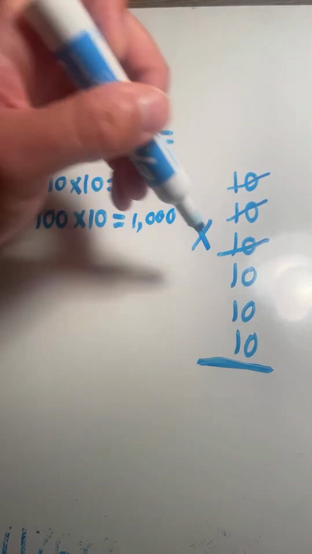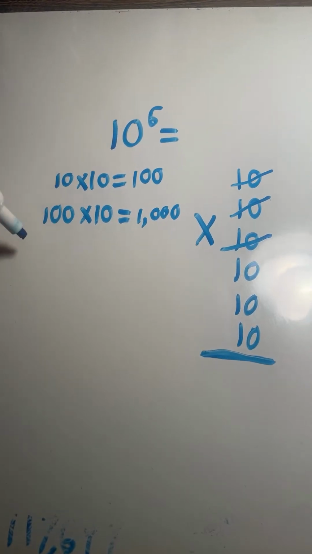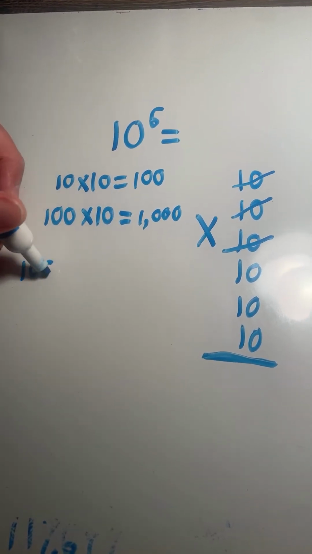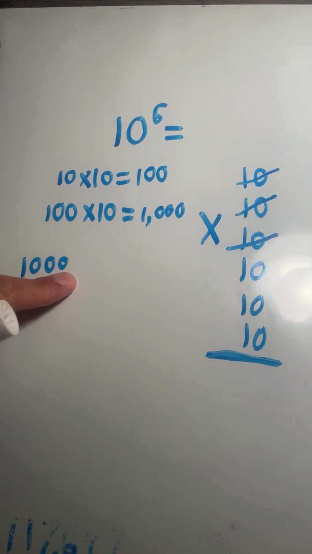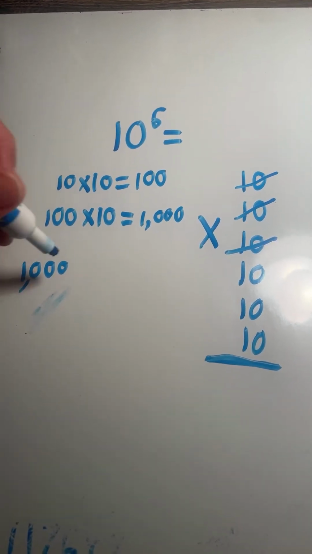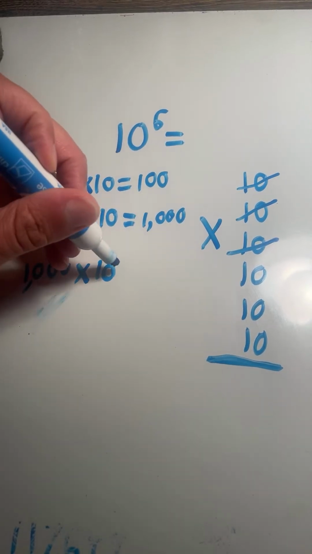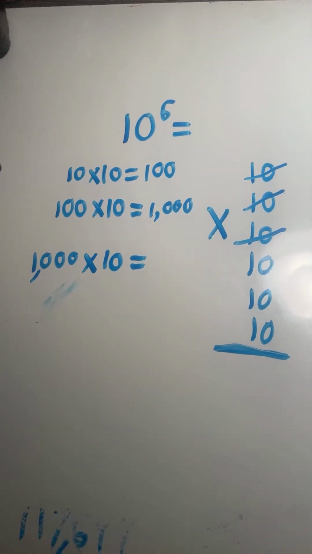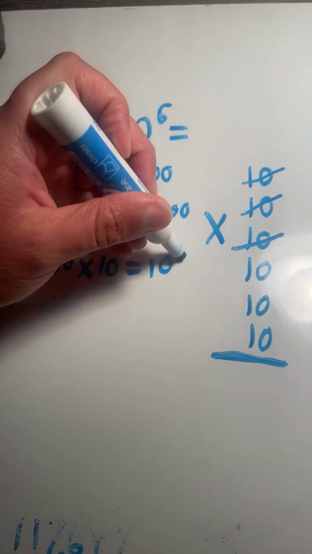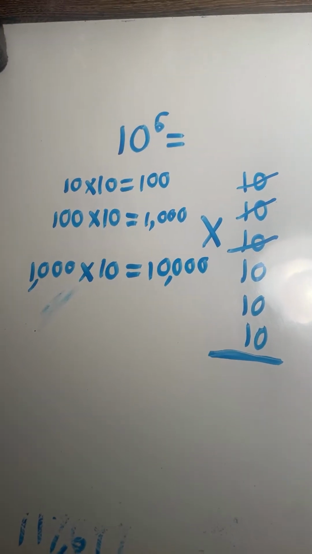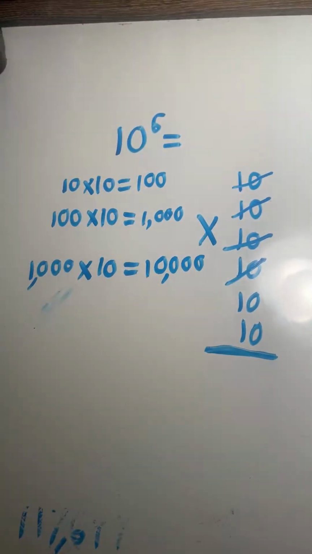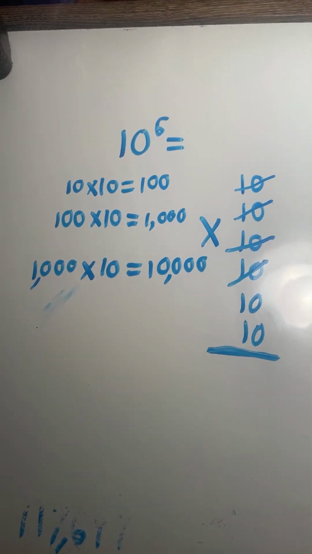We've just multiplied 10 3 times. 1,000 times 10 equals 10,000. We've just multiplied the number 10 4 times.